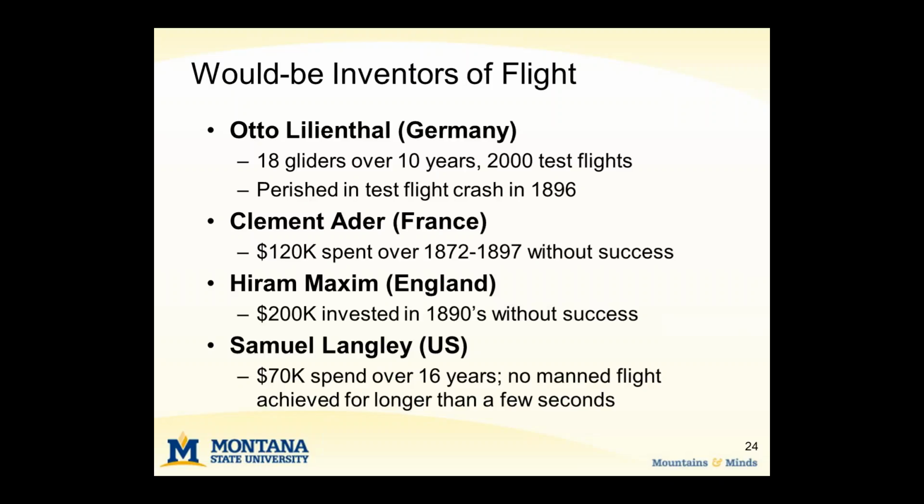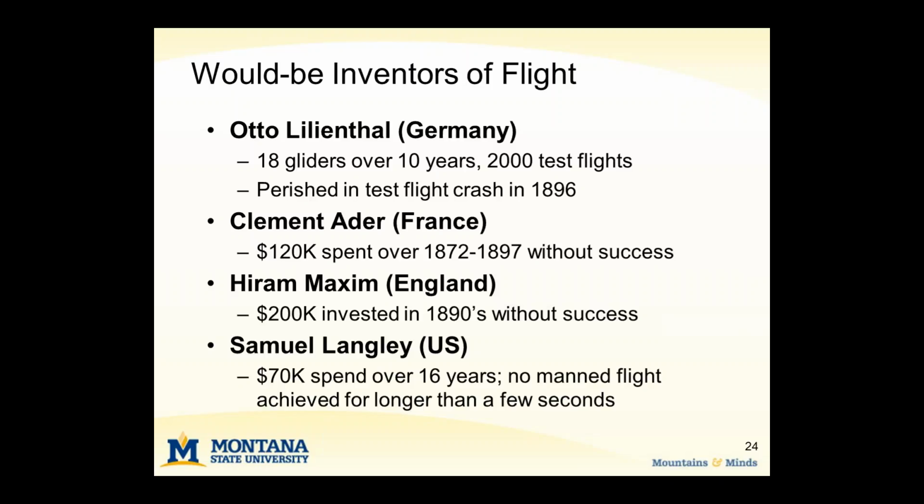In England, Hiram Maxim, the inventor of the machine gun, also invested a large sum of money and still didn't succeed. And here in the U.S., Samuel Langley was awarded by the U.S. government $70,000 to work on developing the first aircraft, and he spent over 16 years, and he never did achieve a manned flight that lasted longer than a few seconds.